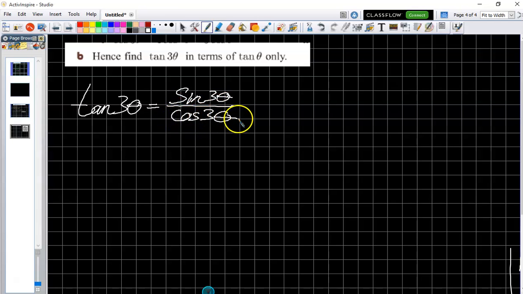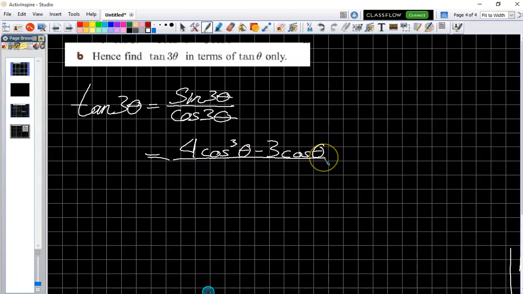And then it says hence, find tan 3 theta. So it means you have to use part A. So we all agree that tan 3 theta is sine 3 theta over cos 3 theta? And they've told you what sine 3 theta is and what cos 3 theta is, so you have to sort of slap those in. And this is not going to be all that pleasant, actually. Nope, it's not. We'll have a go.